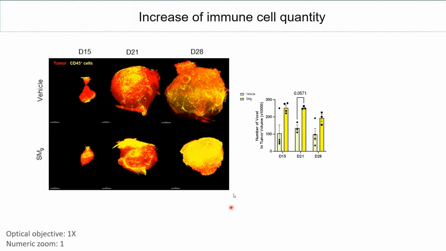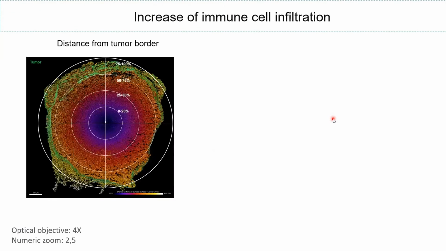And what we can see is already after 2 weeks of treatment, we can see an increase in the amount of immune cells inside the tumor, which is, let's say, quite stable during tumor growth. So the inhibition of YAP protein increased the density of immune cells inside tumors.